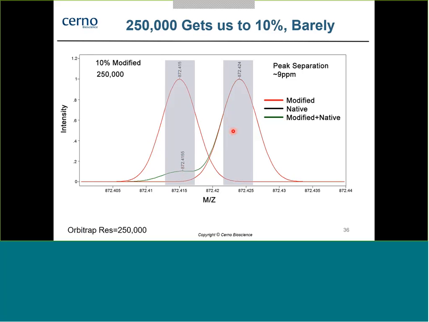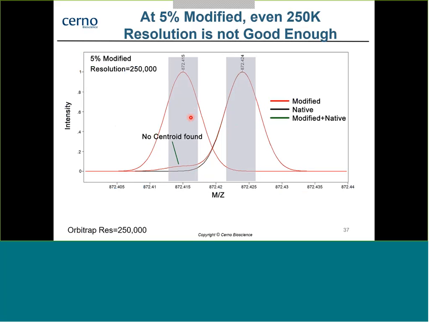And if you go down to 5%, it falls apart. You cannot see the modified form in this XIC window due to the distortions of adding those two peaks together, okay? So at 250,000 resolution, you're limited to about 5%.